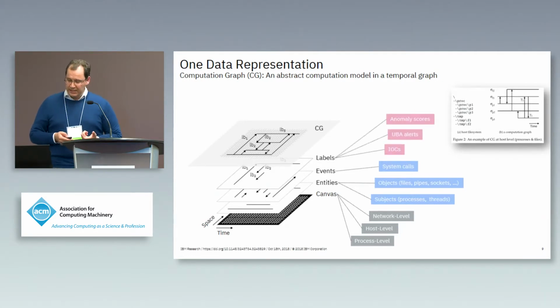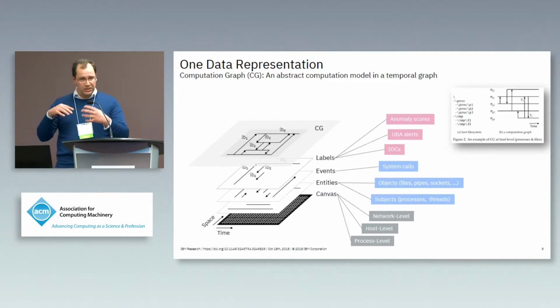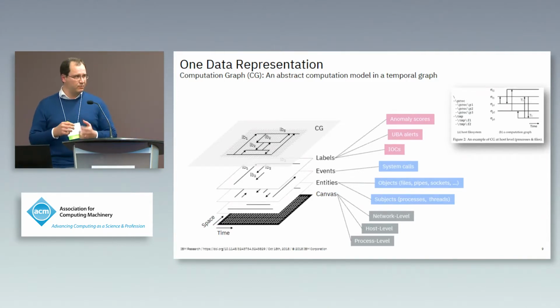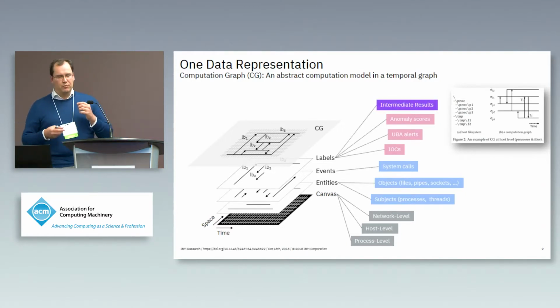But most importantly, you can have labels. So I mentioned, you can incorporate into this reasoning process metadata on top of those entities and events. Those could be indicators of compromise that your enterprise has learned, or user behavior analytics, or even your anomaly scores. That's threat intelligence that informs the analyst. In addition to that, remember that I mentioned that this is an iterative process.